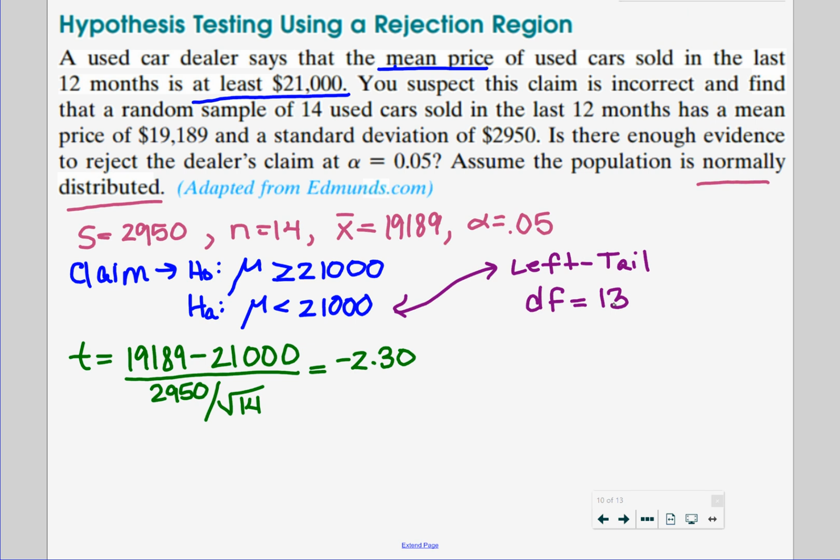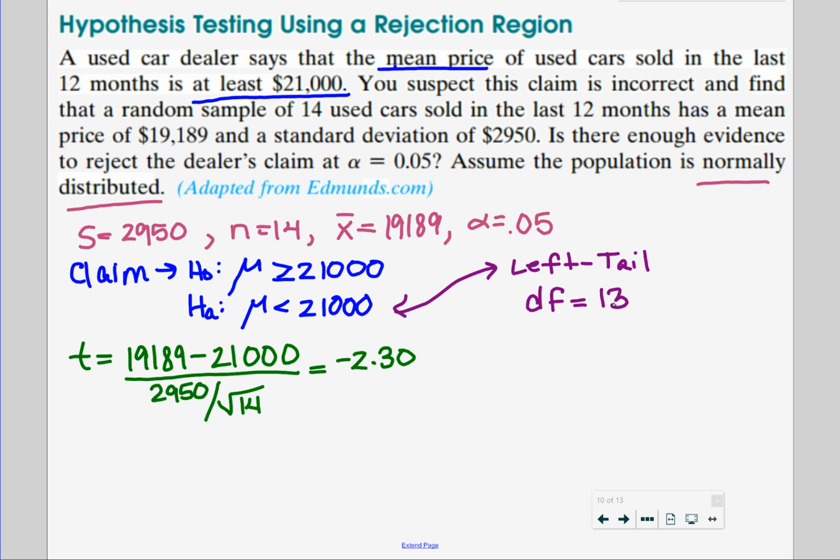That should give you enough to find your critical value on your chart. Remember, if it is a left tail, whatever number you get, you're going to put a negative in front of it because it's on the left side of our mean when we look at that distribution. On your t-distribution, across the top, you're going to look at one tail. Then go over to your level of significance, 0.05 for this one, so that would be the second column.